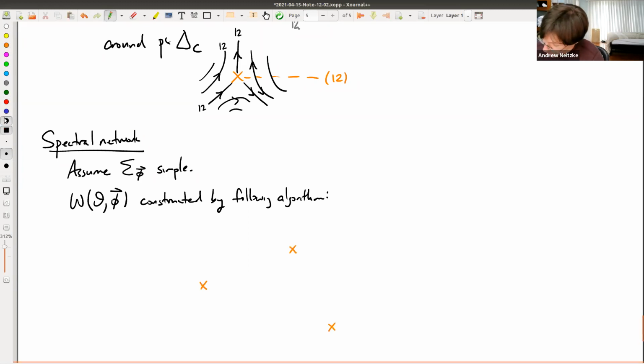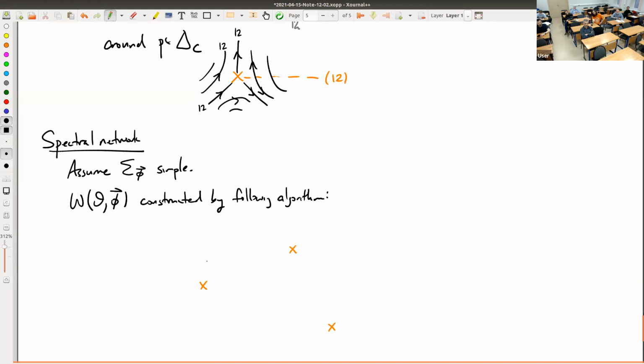As we've seen in the picture just above, at each branch point there are three leaves of the foliation. Where are those branch points? In C? Yes, in C, absolutely.